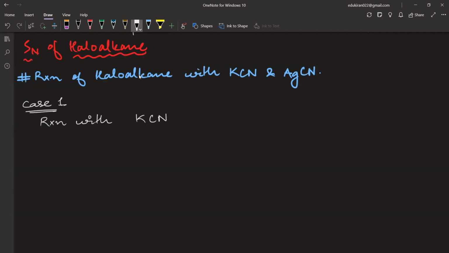Case 1, reaction with KCN is there in your NCERT, but it can also be NaCN or CsCN. All of these examples apply. Please write what happens when we react haloalkane with KCN.